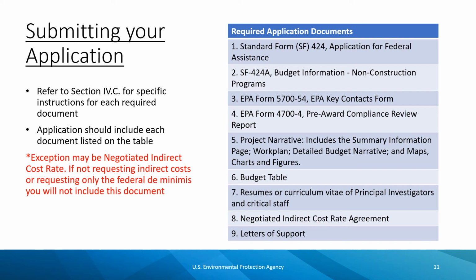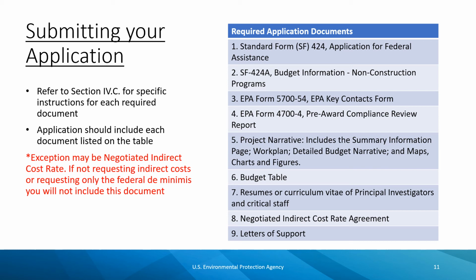Of course, the project narrative, which includes the summary information page, the work plan, the detailed budget narrative, and if any maps, charts, and figures are included, and the budget table, resumes or CVs of principal investigators, negotiated indirect cost agreement rate, and letters of support.